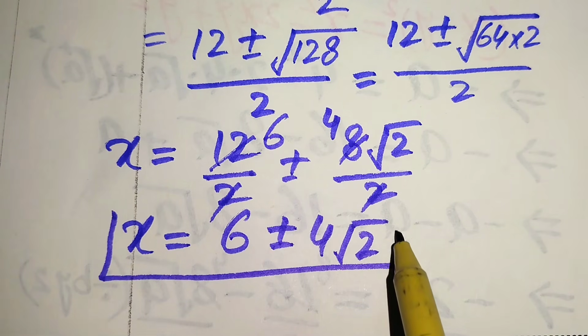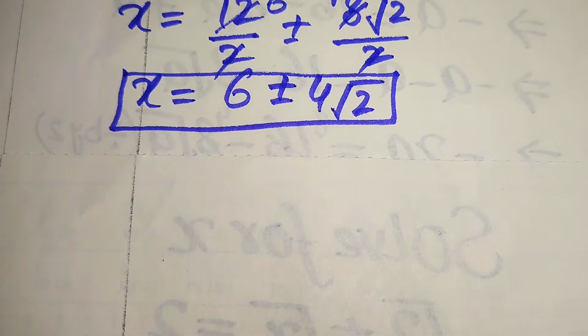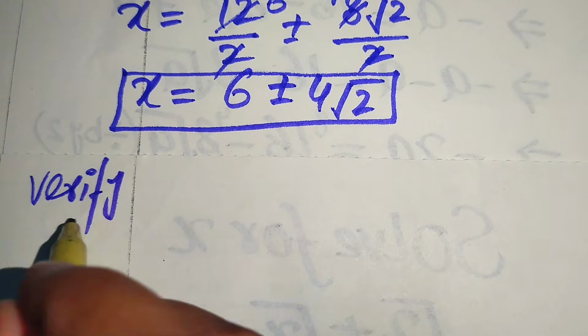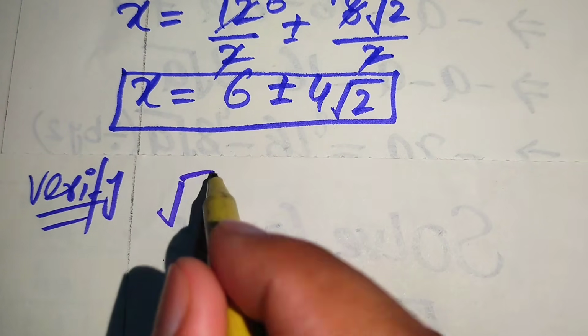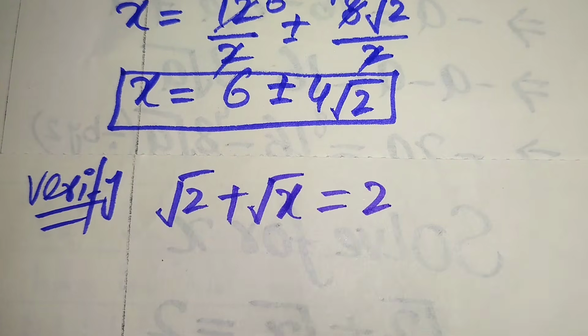So finally we get these are the two roots of the given equation. But now in the next step, we need to verify which of the roots are solutions and which of the roots are extraneous roots. So for verification of this, we need to copy down the given question statement here, and the given question statement is square root of 2 plus square root of x equals 2.